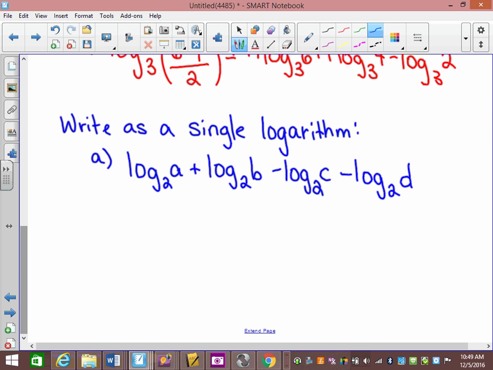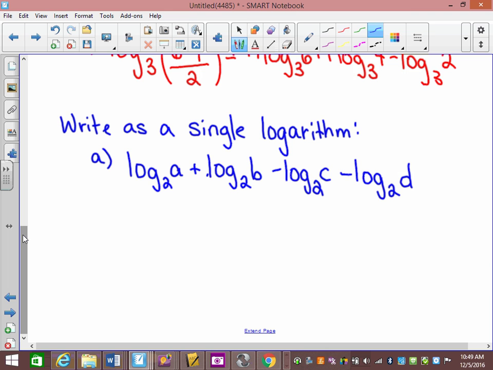So my only rules when I tell you that you have to write it as a single log is that they have to have plus or minus ones in front of them, right? As of now, that's all they're going to have. In a little bit, we're not going to have that same option. This is a plus 1, minus 1, minus 1. The only way we can put them together is if they have the same base, which these all do. They're all base 2, right?